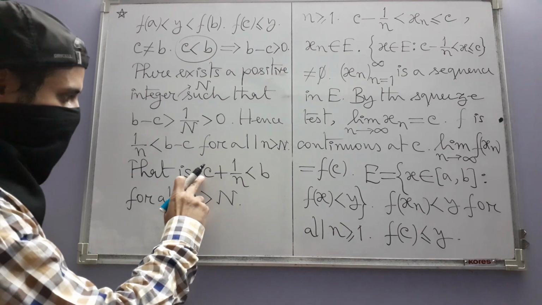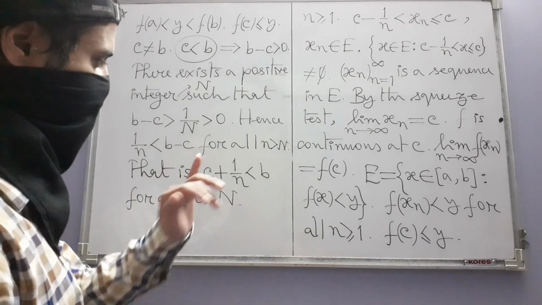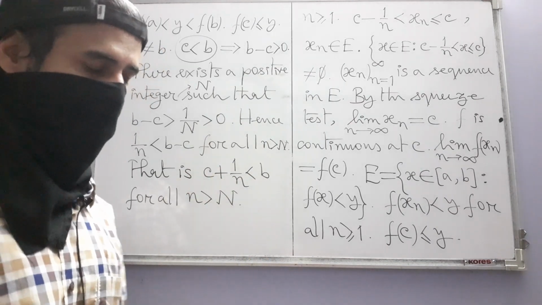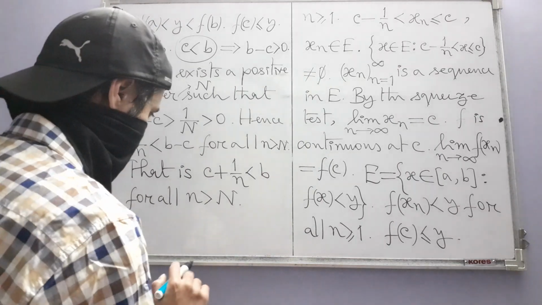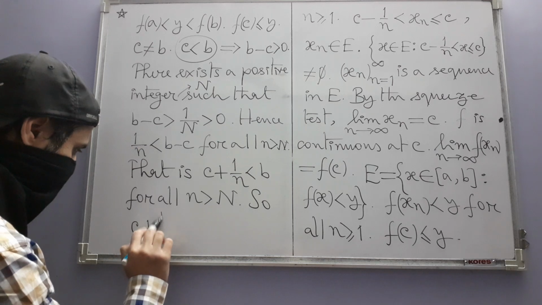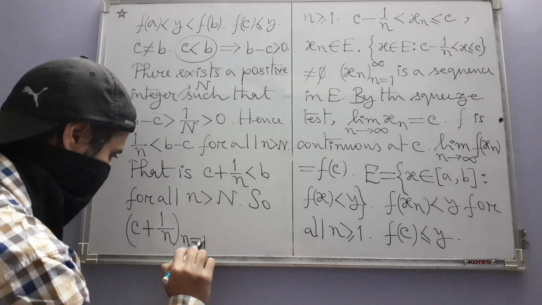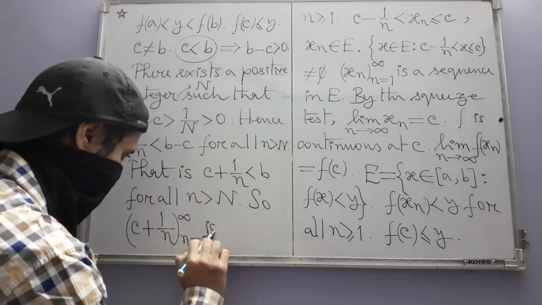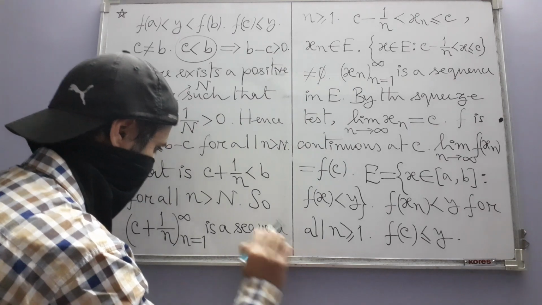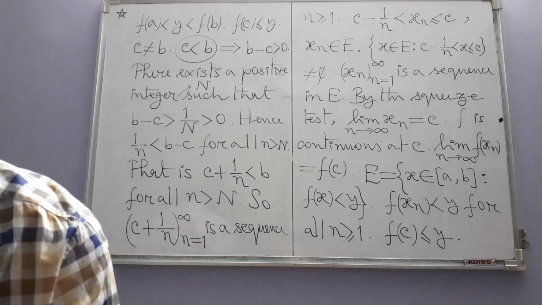Now, we are of course again looking at a sequence whose nth term is c plus 1 over n. This inequality tells us that c plus 1 over n, this sequence, is a sequence in our original domain of f, a comma b.